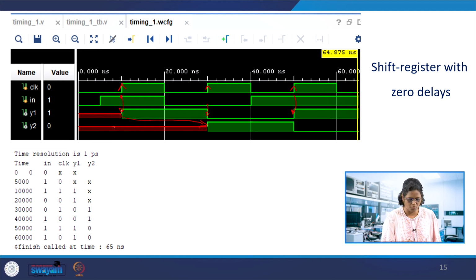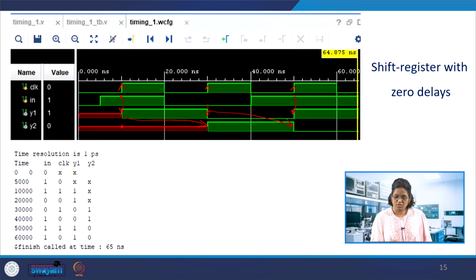That means what was there at the old y1 is maintained here at y2. Since at the first clock edge y1 has not gotten any value, y2 is shown in red, as it is not even getting any value. So the first value that y1 gets will be available to y2 at the next clock edge. So this point will be available again at the next clock edge to y2.